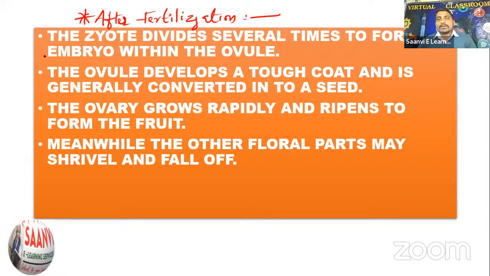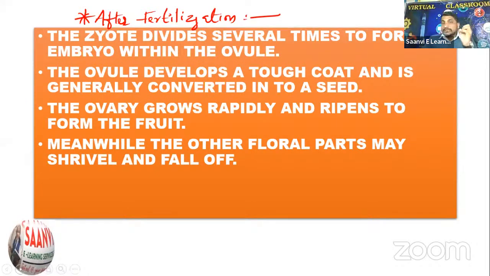The zygote is nothing but 2n: male and female, N plus N, 2n. Where does this happen? Within the ovule. So first the ovary, inside it the ovule, inside it the embryo.